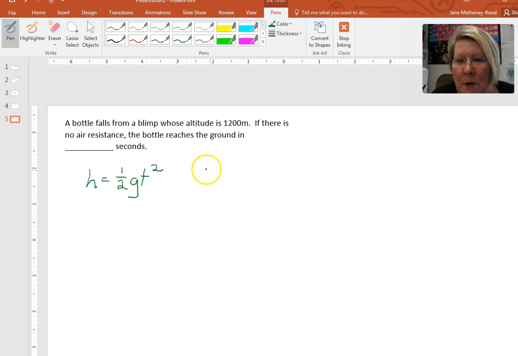This may be the hardest part of this formula: rearranging the equation and solving for time. In order to get rid of this squared, we're definitely going to have a square root on the other side, so I'm just going to put that in there right now. To get rid of the 1/2, I'm going to multiply both sides by 2.